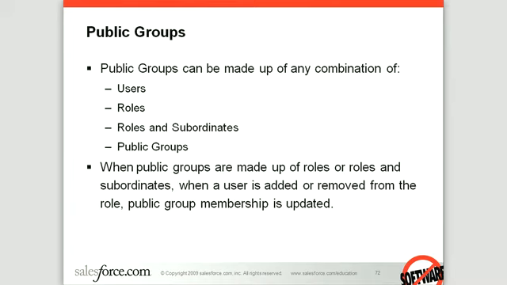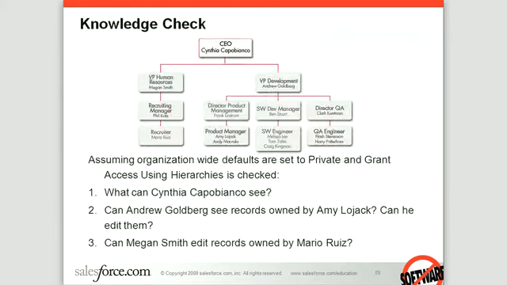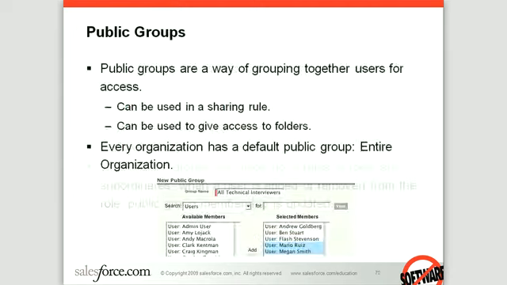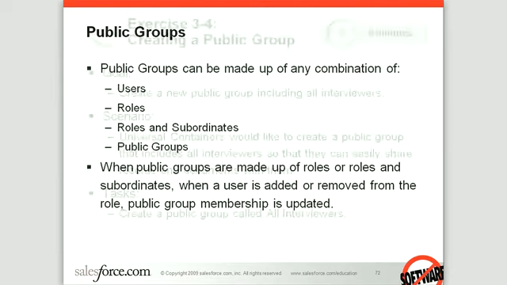Roles and subordinates is pretty cool because, going back to our role hierarchy, if we added Andrew Goldberg as a member, as roles and subordinates, and we did VP of development, then we're sort of saying that whole wing of the company is a member of this public group now, and then we could assign access to not just Andrew Goldberg, but all the people who are in the role hierarchy going up to Andrew Goldberg. Okay. All right.